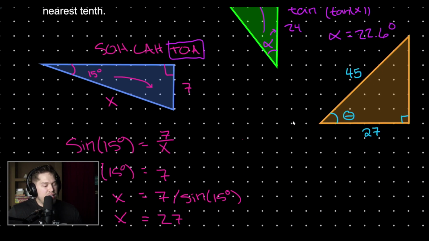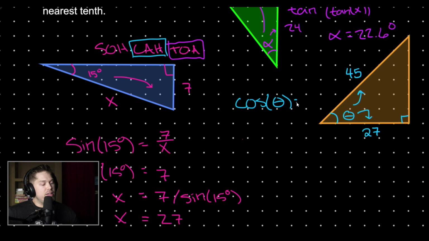Excellent. Let's look at this last one in this beautiful blue color. Here, in terms of theta, what do we have? We have our adjacent side, and we have our hypotenuse. So we're going to be using cosine for our trigonometric function. So we know that the cosine of theta is equal to our adjacent side, 27, over our hypotenuse, 45.